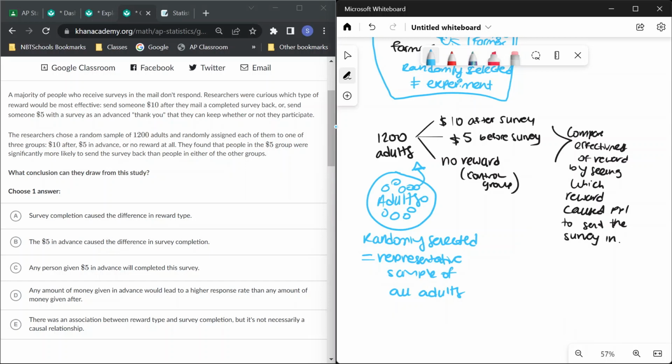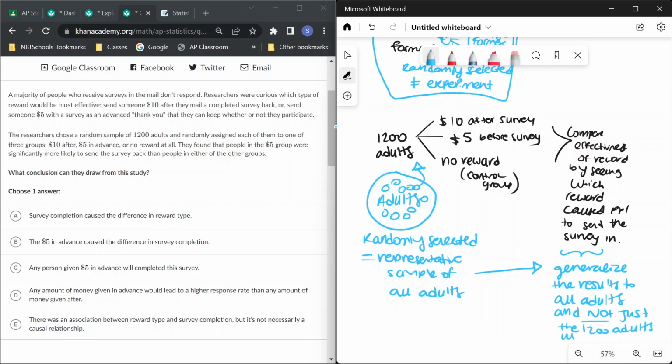Okay, so because it's a more representative sample of all adults, we can generalize the results to all adults and not just the 1,200 adults used in the sample.